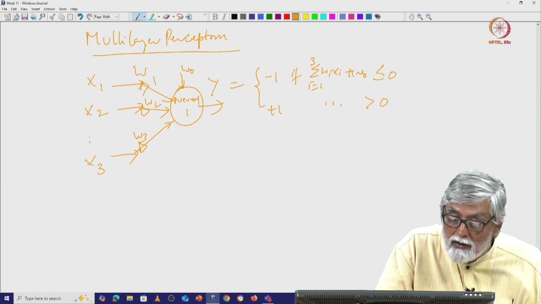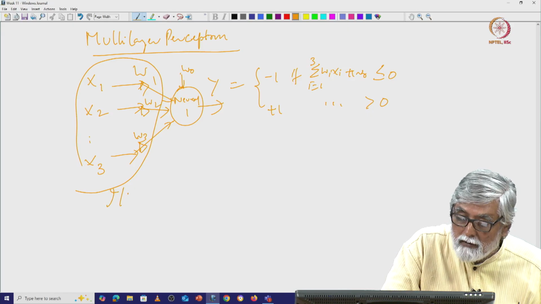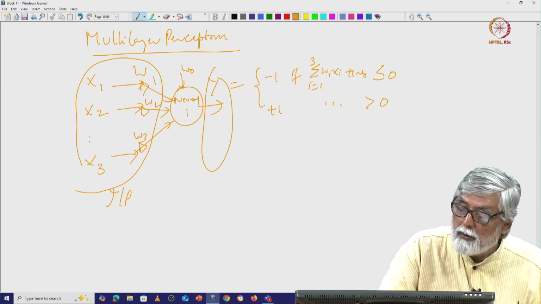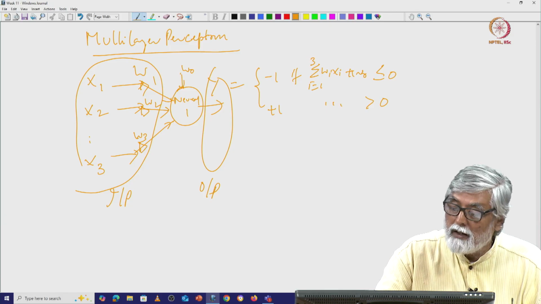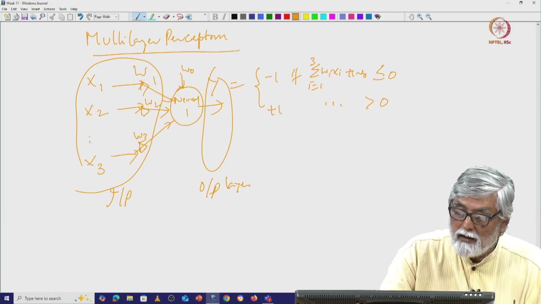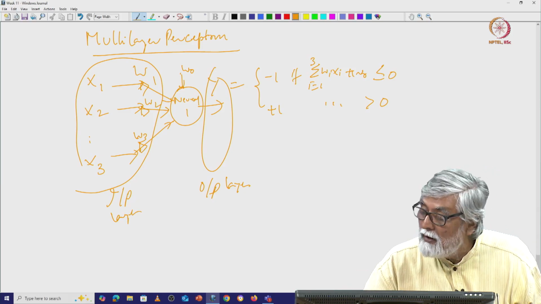This is the input part, this is the output part. We can call it output layer, input layer, and there is no separation in this.